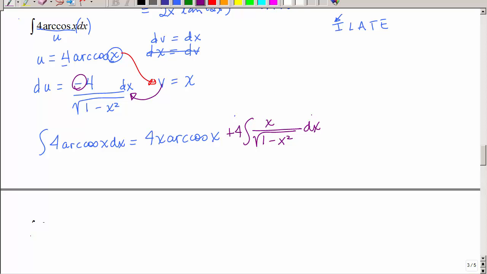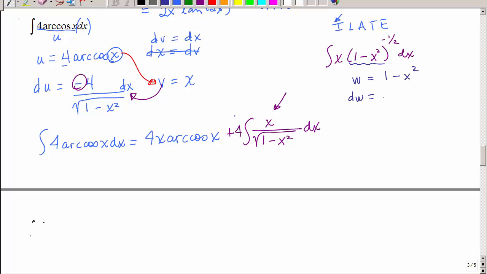Well, can I integrate this? Yes, I can. Okay, so if I look at this as x times 1 minus x squared to the negative 1/2 power, I could make a substitution. I really don't want to use u again, so I think let's say w is equal to 1 minus x squared in this part.